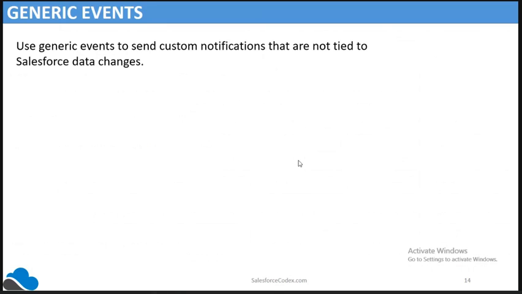You just want to notify something, like, okay, hey, our server will be down between 10 and 2 p.m. It means you are sending a general message to your subscribers that our services will probably be down between these two times. Those kinds of notifications you can send with a generic event.